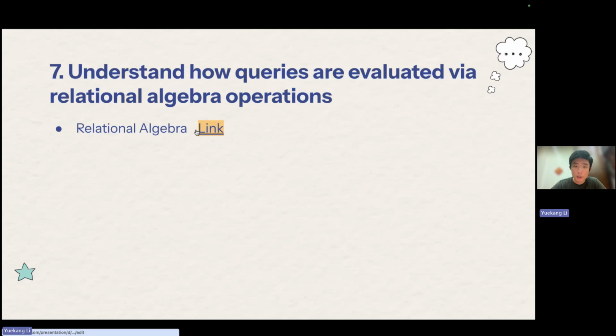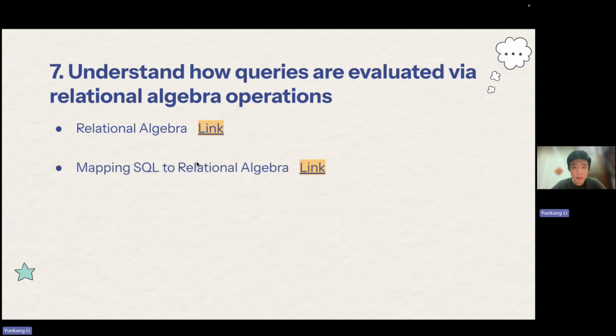You should follow this link if you can't remember this knowledge. And also you should know how the DBMS maps SQL queries to relational algebra. And here's the link to the relevant slides.